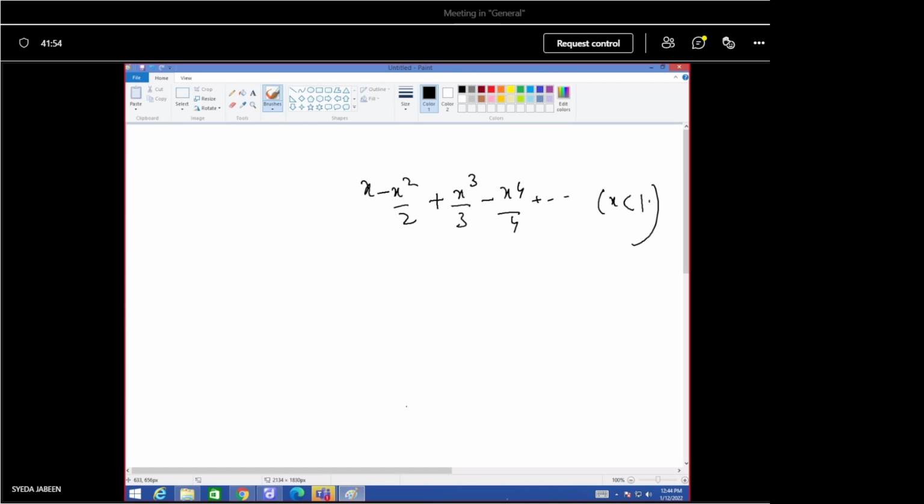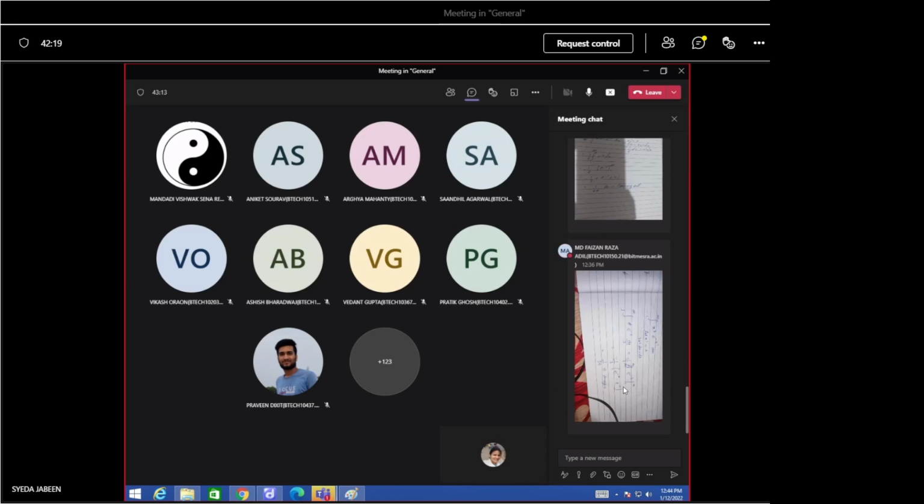Fourth step, let me see. To take this example, also this is a good example.